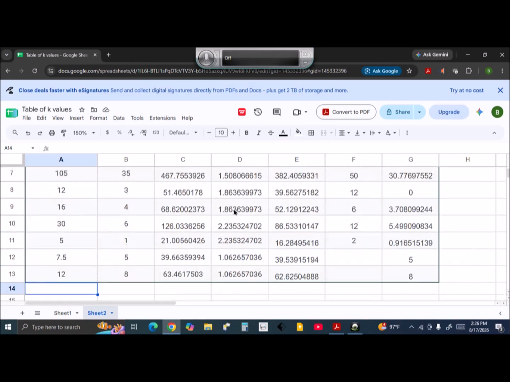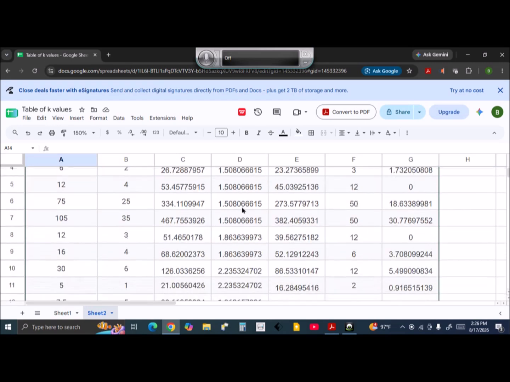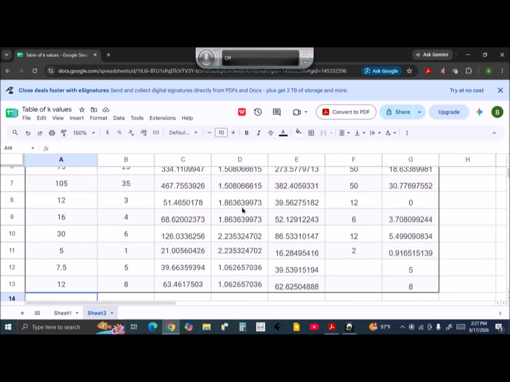Instead of having to use a formula to calculate the perimeter, now we can use the K value from a lookup table along with the relationship that I derived. And then we can reduce the work, especially if we have large numbers and all we have to do is look up a value of K.